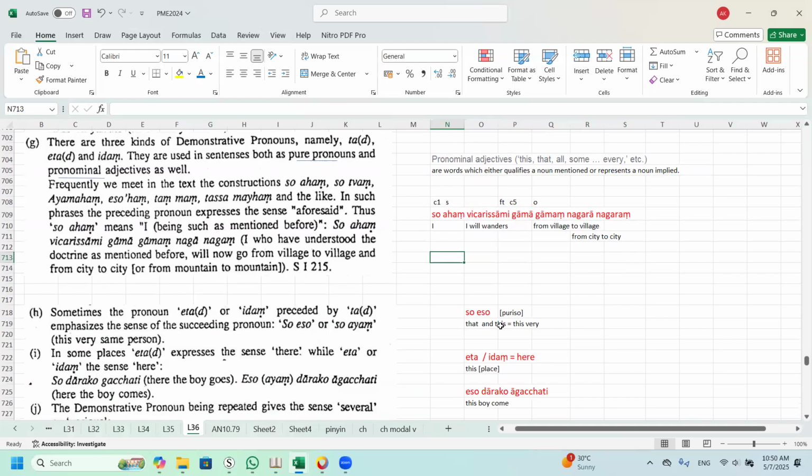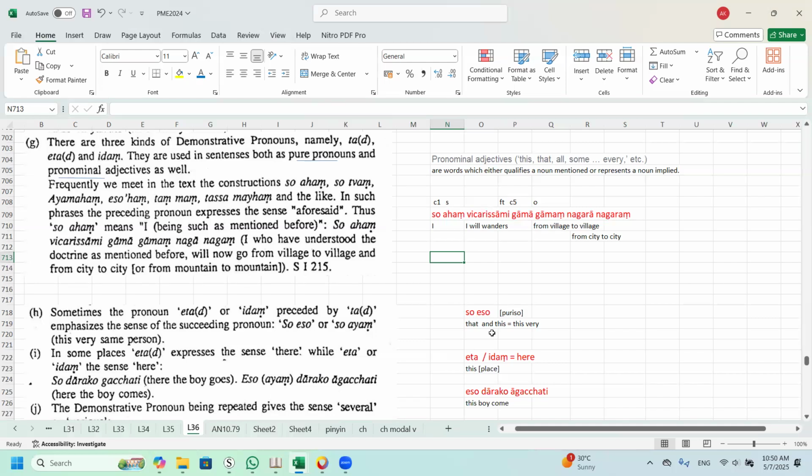Before we translate this, you can see so eso, so eso. So there must be these two combined, you must take an object. So in this case, you see, so and a so.